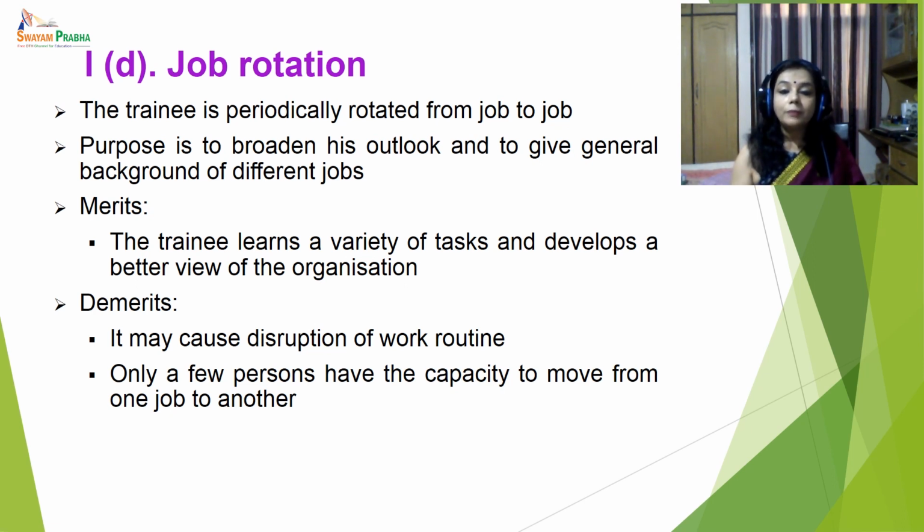Only a few persons have the capability to move from one job to another, and because the adjustment and readjustment need time, and everybody doesn't like change too often. So this is job rotation, but here you are creating a kind of managerial skill among the trainees.